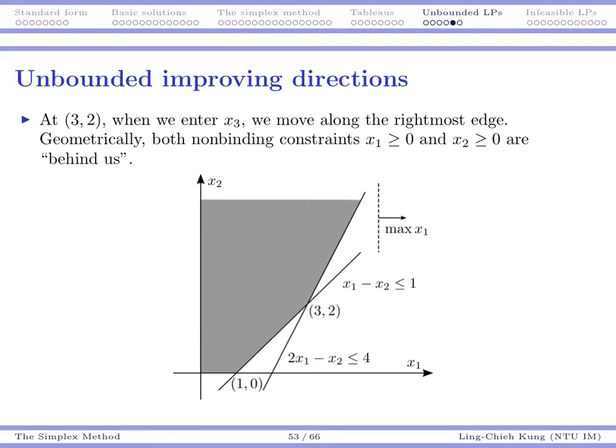Graphically, if we plot that particular feasible region, we can see that we are originally here, then iteration 1, iteration 2, and if we still want to move along the edge, because we are maximizing x1, we will keep moving forever and increasing our objective value forever. That's why this problem is unbounded. Also, we have basic variables x1 and x2.